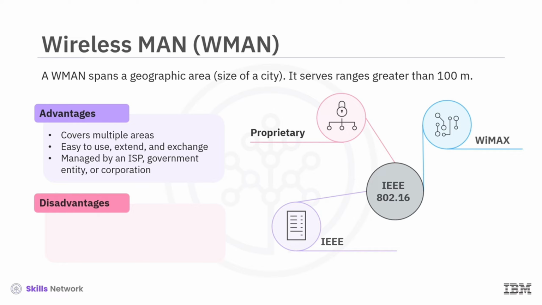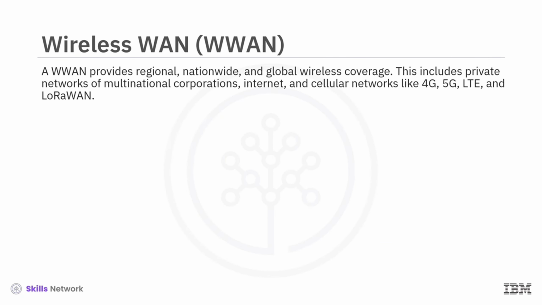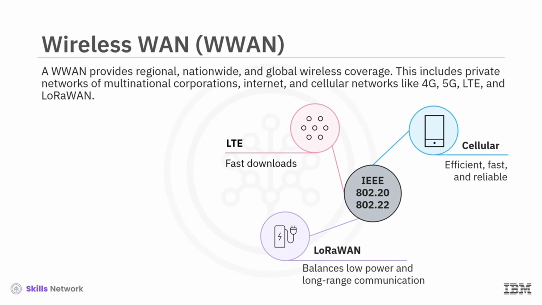Disadvantages include require special user permissions, less secure, and slower than wired. A WWAN provides regional, nationwide, and global wireless coverage. This includes private networks of multinational corporations, the Internet, cellular networks like 4G, 5G, long-term evolution, or LTE, and LoRaWAN, which is a low-power WAN protocol built on top of the techniques used in long-range radio modulation.